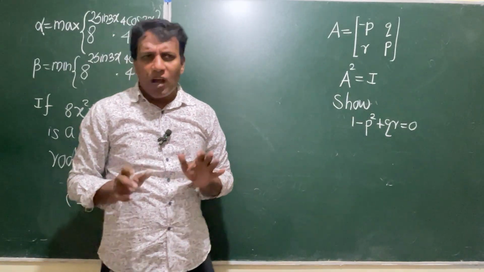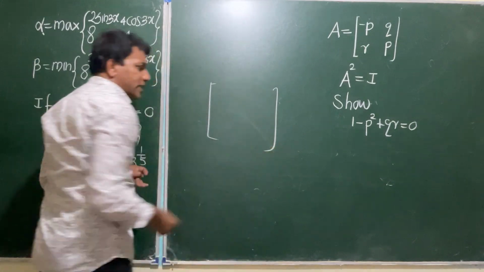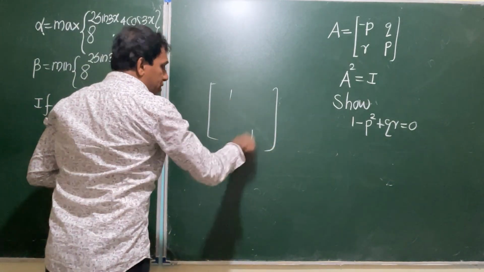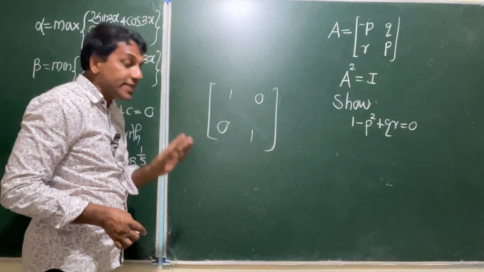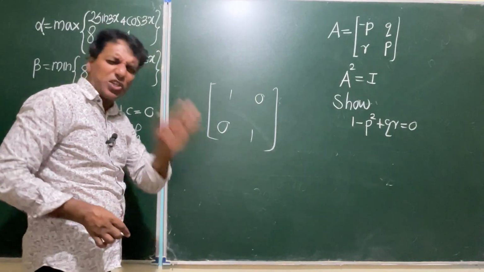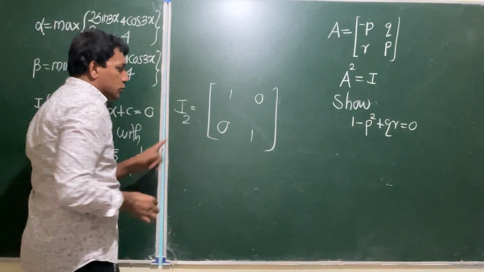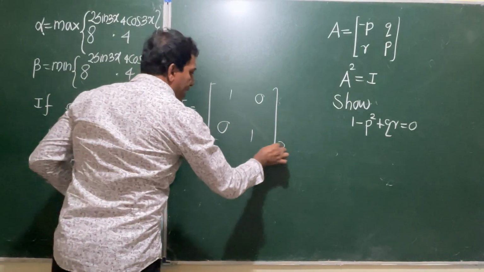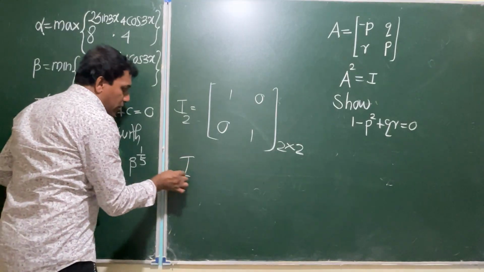What is I? The identity matrix. What does identity mean? In the matrix, the main diagonal is 1 and the rest of the entries are 0. This is known as the identity matrix, with the special notation I2, of order 2 by 2, right? Then what is I3?